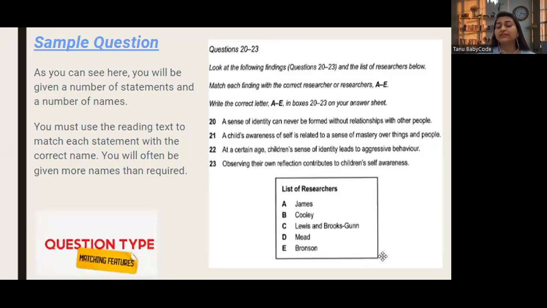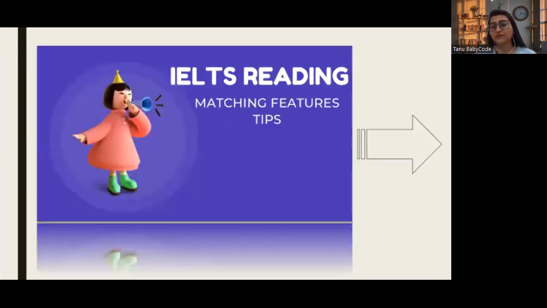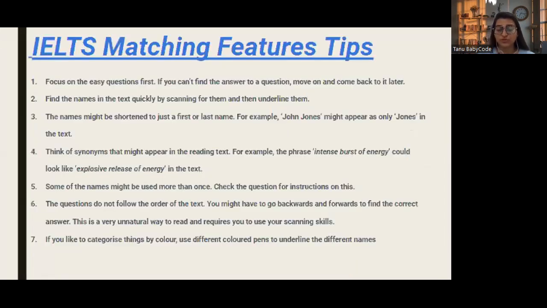You have to read the list of researchers first, then the list of statements, and then read the passage. You have to look for the information and then conclude the correct answer. So you will be reading the text to match each statement with the correct name. How are you going to do that? I'm going to provide you some strategies and some tips for that.